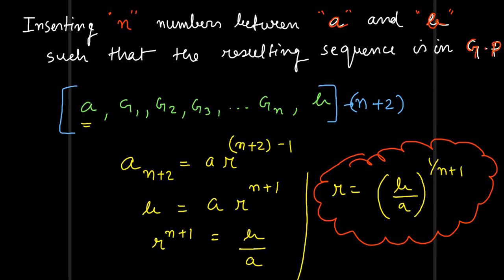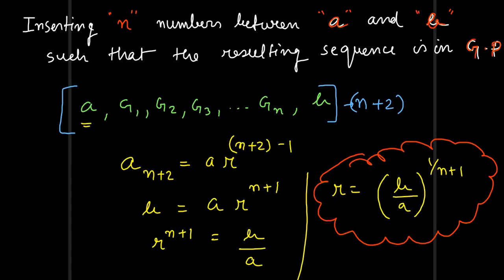To get g1, as we know, g1 is the second term of our sequence, a is the first term and g1 is the second term.